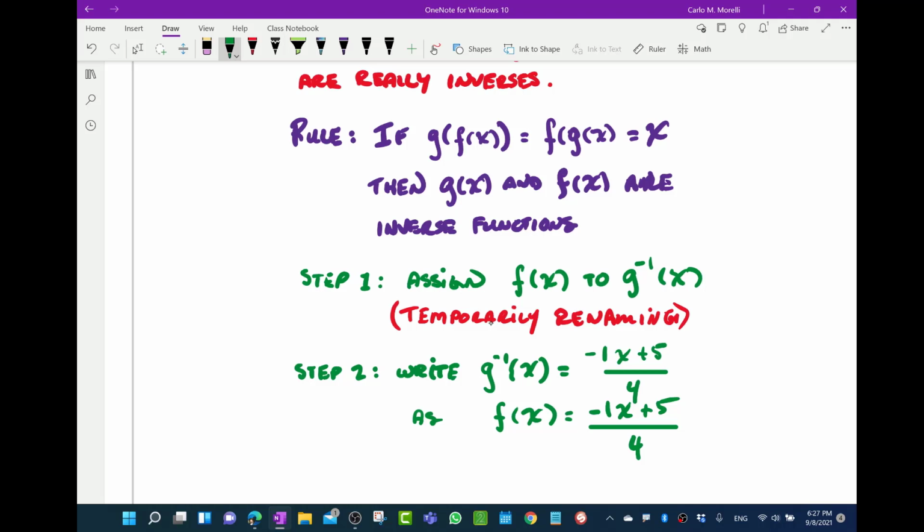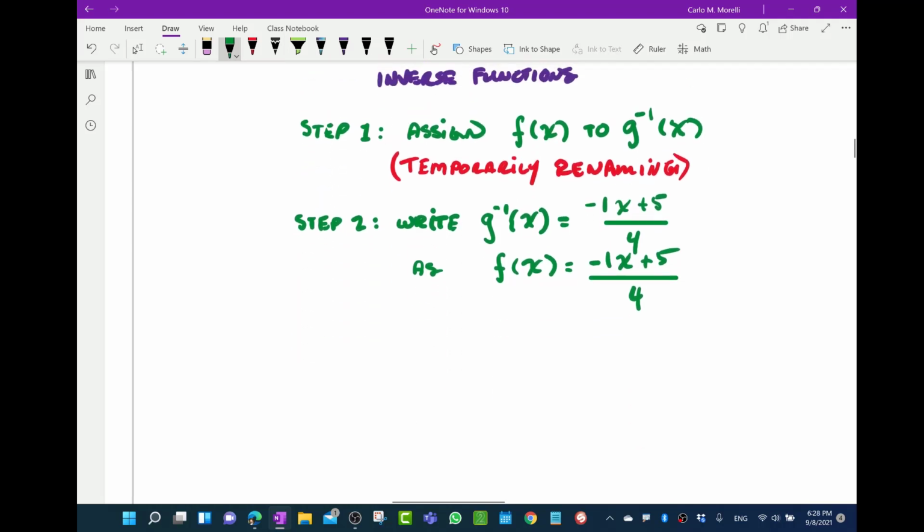So first, what we're going to do is evaluate g of f of x, and we're going to hope that it evaluates out to x. Okay, so let's make that step 3.